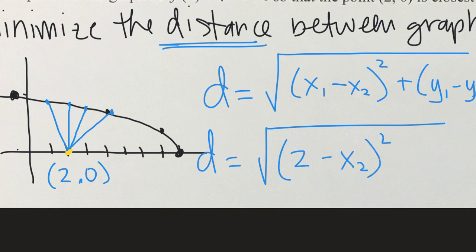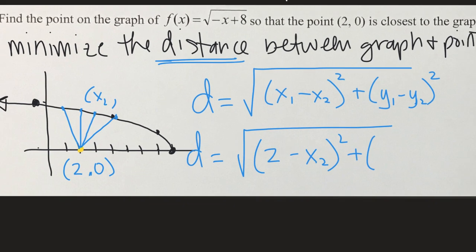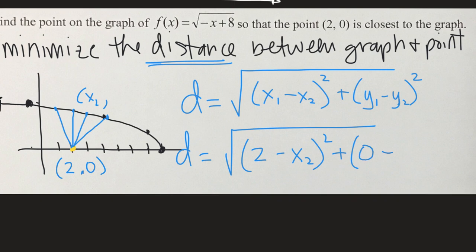That's what we're trying to find: the coordinates of the point that is going to be the closest. So it has an x value, plus the y value for our point is 0. And what is the y value of this point? That y value is always given to you by this equation.